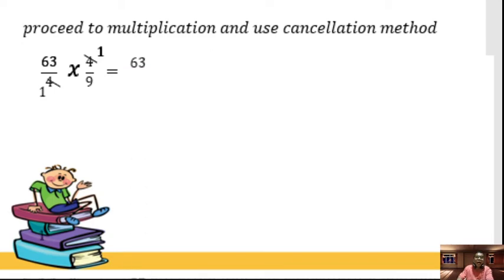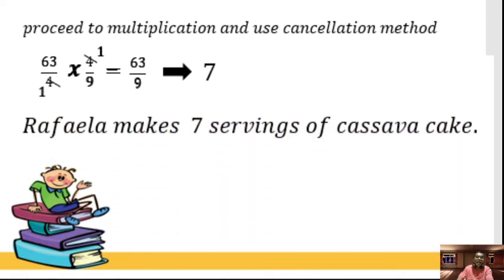And then 1 times 9 equals 9. And that is 63/9, which is equal to 7. Therefore, Rafaela makes 7 servings of cassava cake.